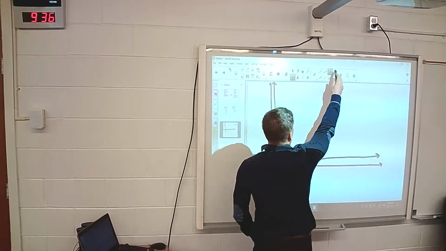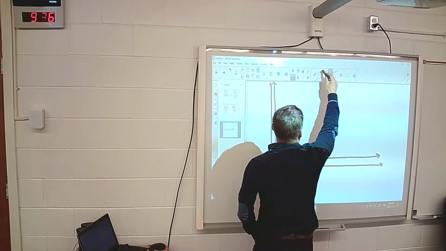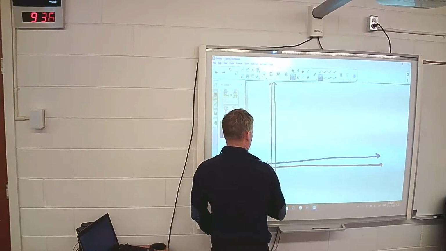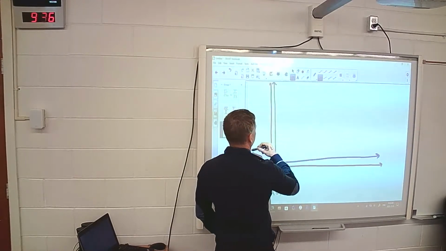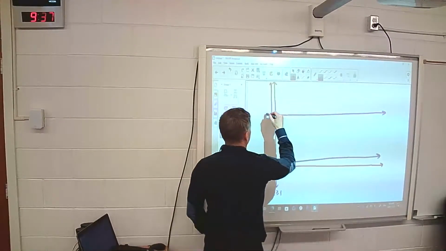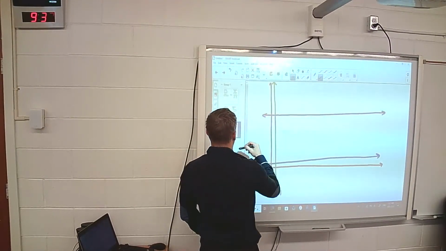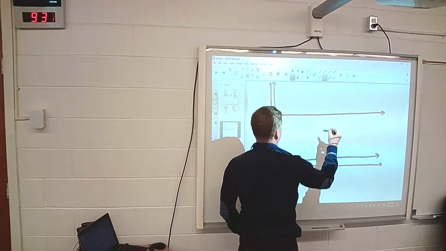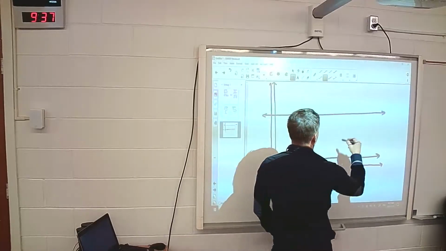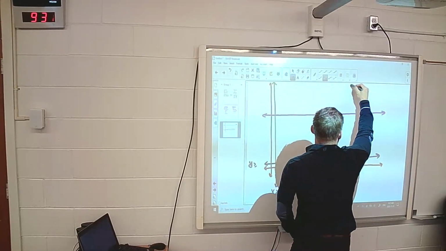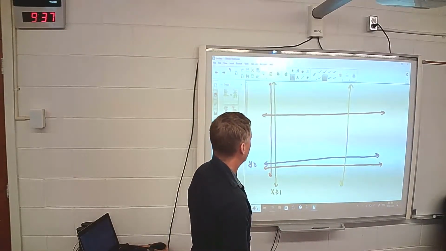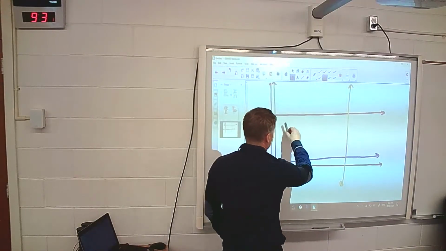And then I have y is less than 75, so I'll put that here. That's got to be below that. And then x has to be less than 100, right? Yeah, x has to be less than 100. So right now I have that. Now the shaded area is this square.